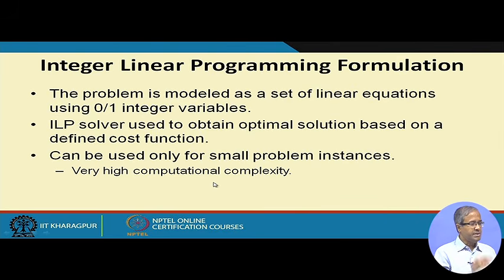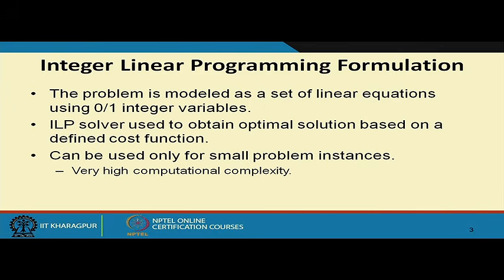So, integer linear programming we shall not go into much detail. The basic idea is that we model the problem as a set of linear equations. Not only that, we also specify some cost function, some objective function that is to be optimized, and we give it to an ILP solver.